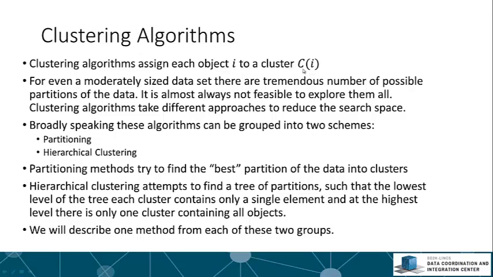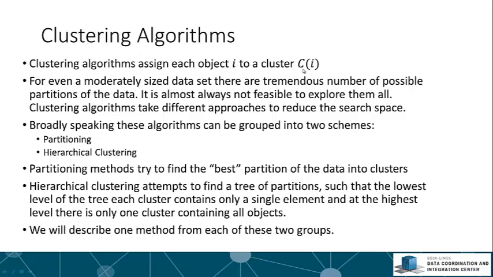So Ci is the map from the object to the cluster to which that object belongs. Now, even for a moderately sized data set, there is an astronomical number of possible partitions of the data. There is a tremendous number of ways in which we can assign each object to a different cluster. So it's very rarely feasible to explore all the possible clustering partitions and choose the best one.